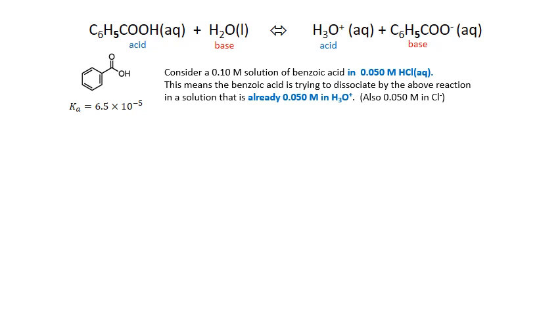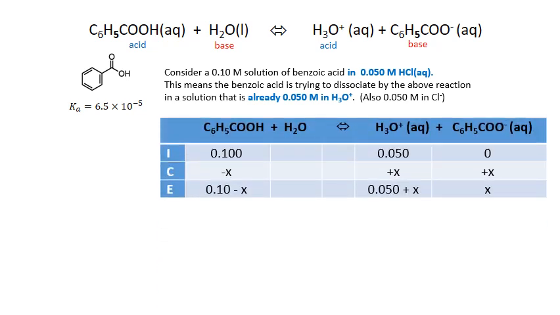Now, how does that ice table look? Instead of the ice table's top line with the initial concentration of H3O+ being 0, as in the previous example, here the H3O+ concentration is initially 0.05. That 0.05 molar H3O+ is from the acid, the HCl. Now the benzoic acid attempts to dissociate just as it did before.